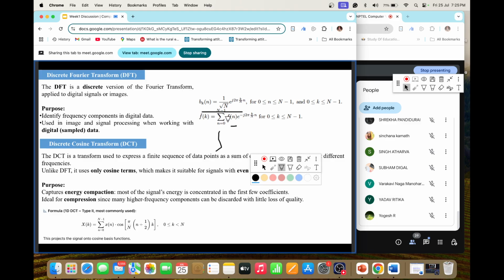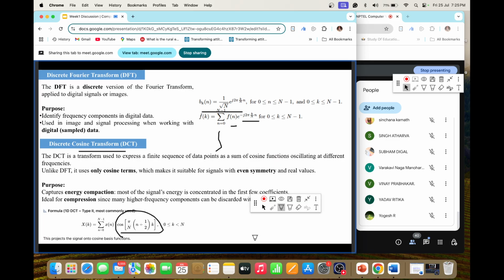Now there is a summation sign, that is discrete. So that is the discrete Fourier transform, and this is the discrete cosine transform. The Fourier transform has both sine and cosine, while the cosine transform has only the cosine term in the basis function. Purpose and so on you can see, but this is the common thing you must understand.